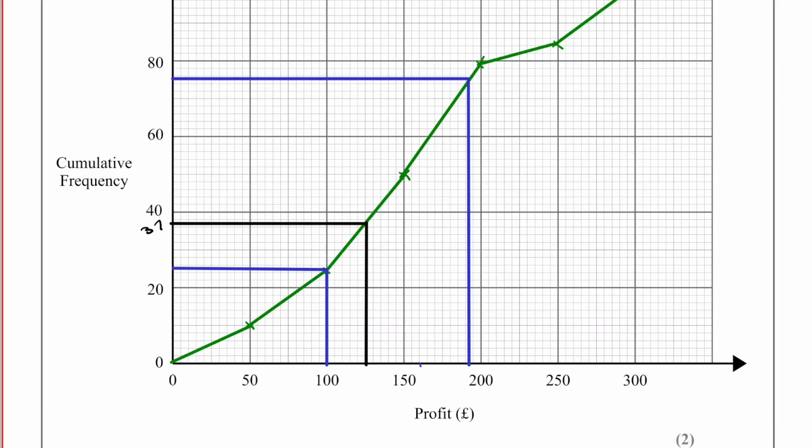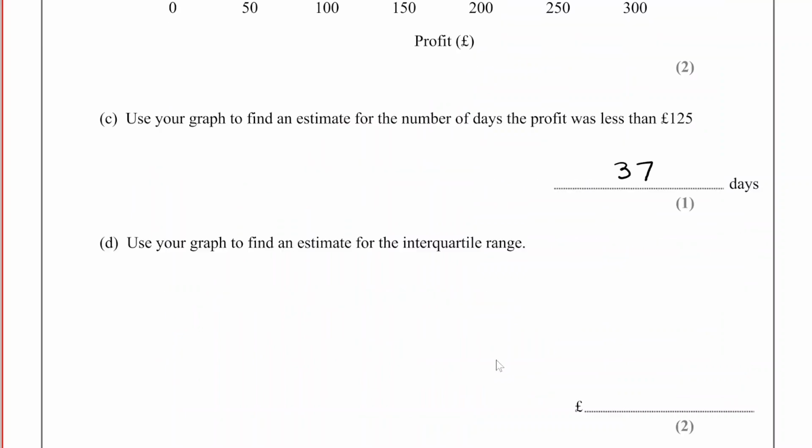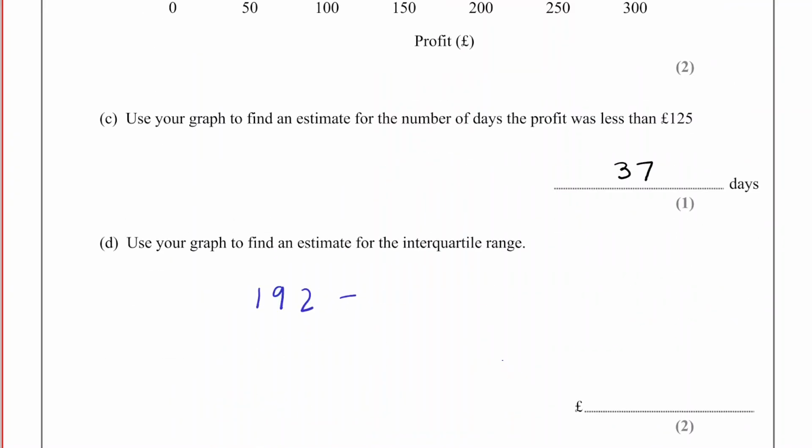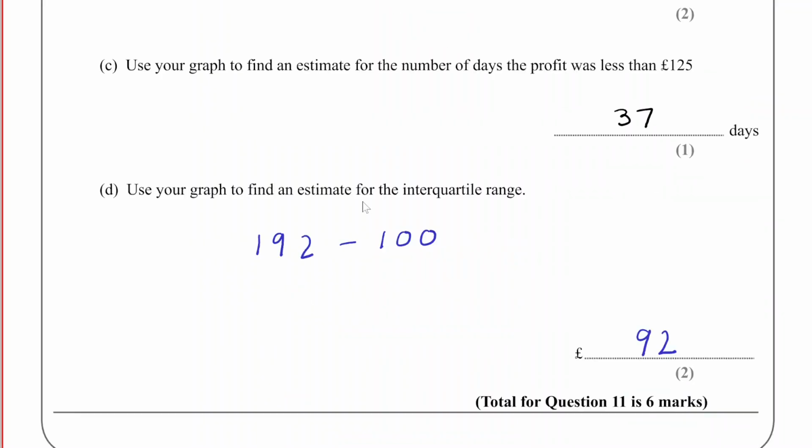So that's 160, 170, 180, 190. So between 190 and 195, 192 or 192 and a half. So the upper quartile, take away the lower quartile, is the interquartile range. So let's say 92.